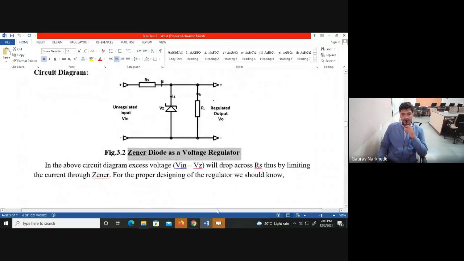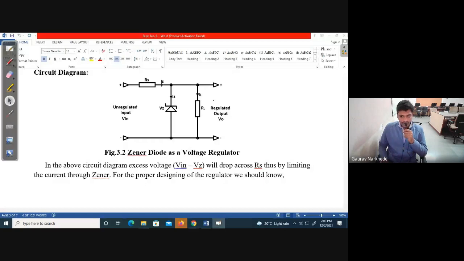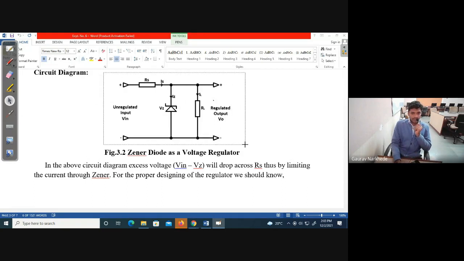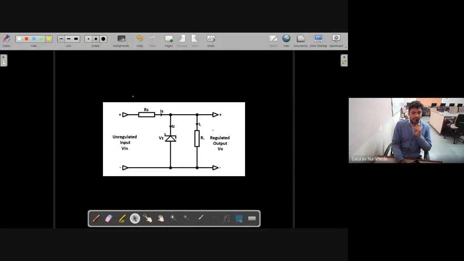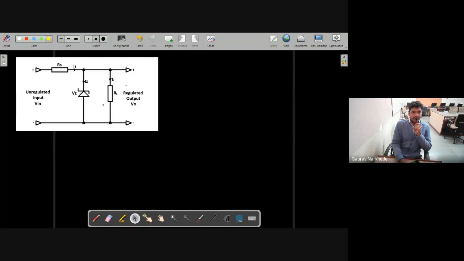This is your voltage regulator, Zener diode as a voltage regulator. So let me copy this diagram and add it here. This is a very important diagram for us.